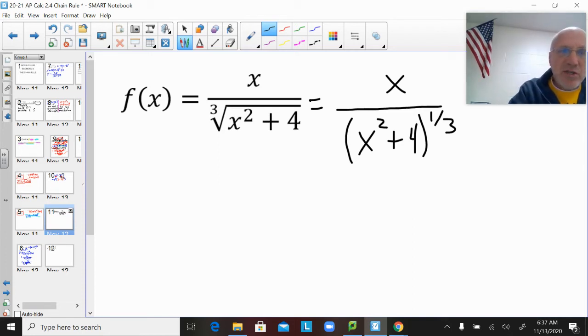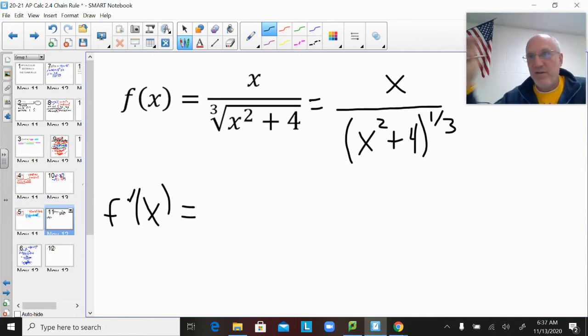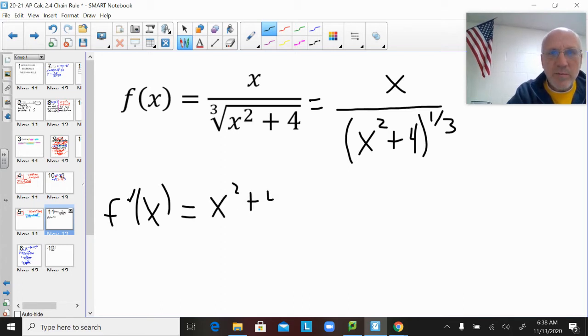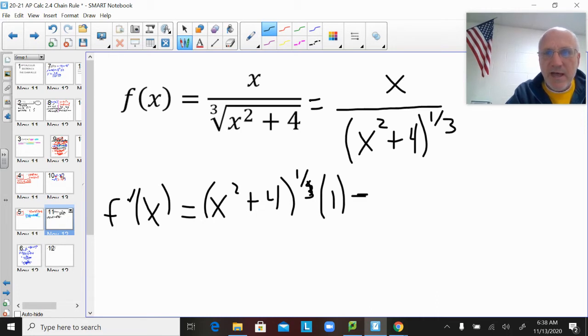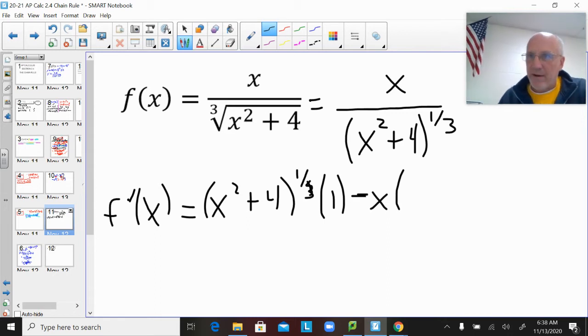So let's use the quotient rule, which you by now need to know. It's the bottom times the derivative of the top. So the bottom, which is (x squared plus 4) to the 1/3, times the derivative of the top, which is just 1, minus the top, which is just x, times the derivative of the bottom. The derivative of the bottom, that's a composite function.